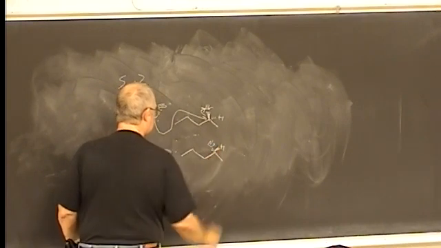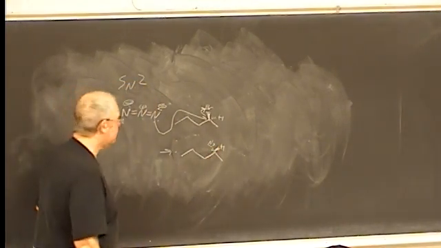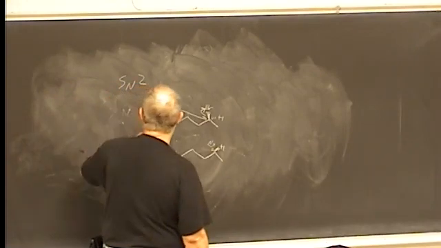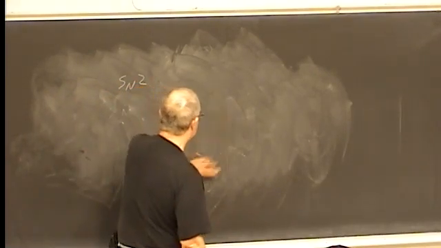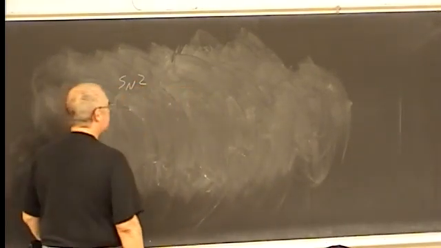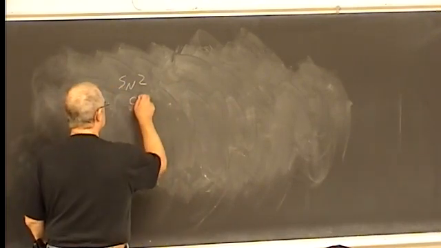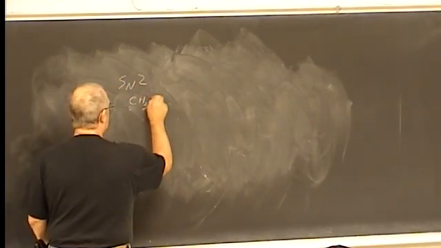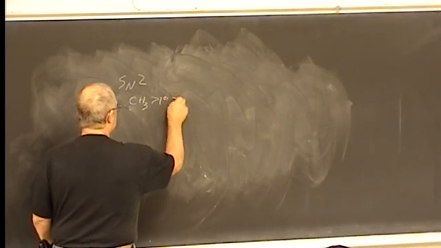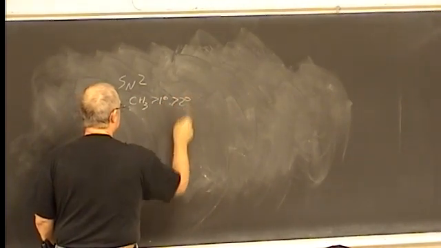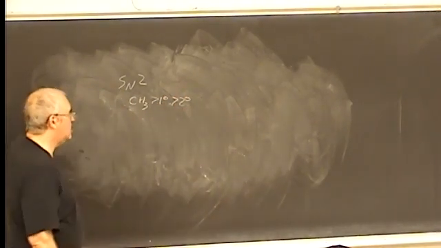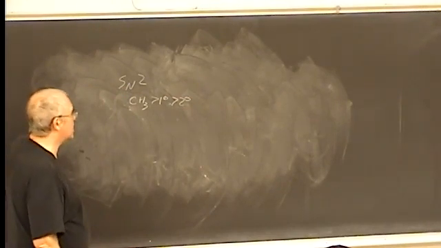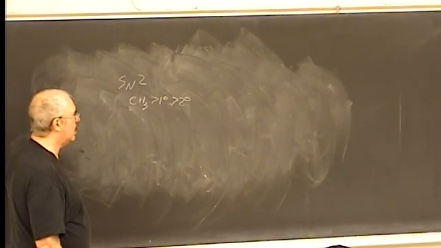That would push this hydrogen forward. Order of reactivity for SN2 is methyl, primary, and then secondary. Tertiary substrates are not subject to SN2 because they're too crowded on the backside, so the nucleophile can't attack.